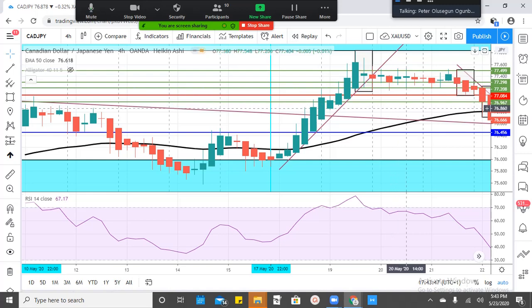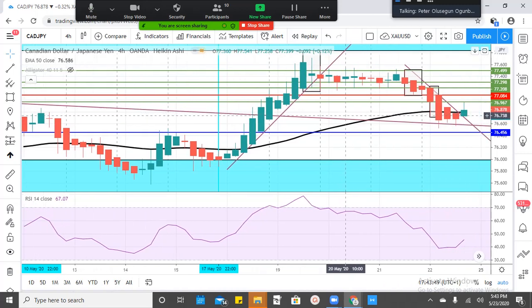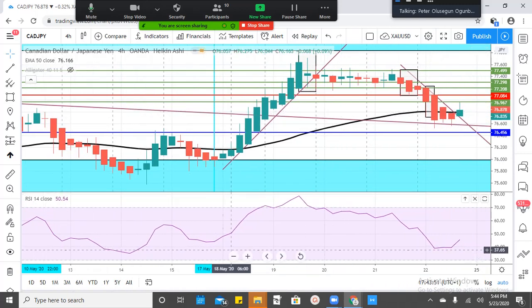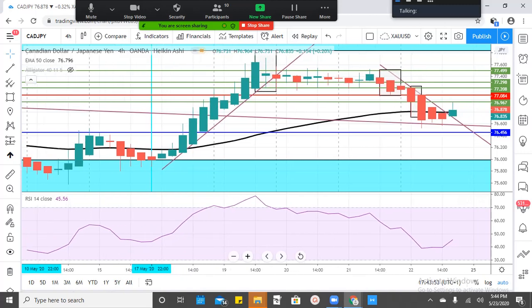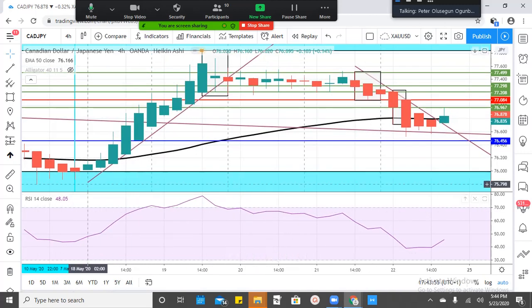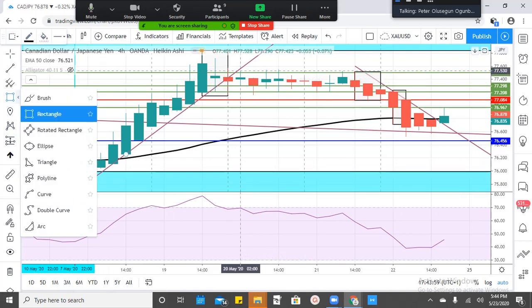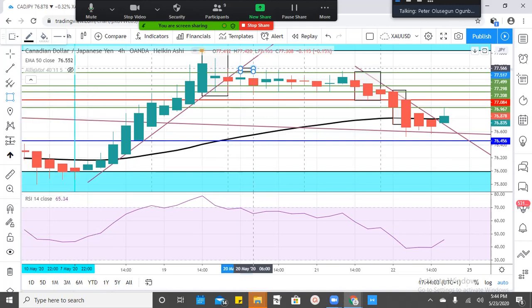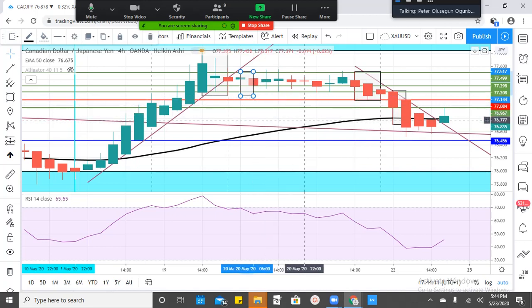So this is where you first have to draw your second box. You come here and place your second box here. This is where I have to place my second box.